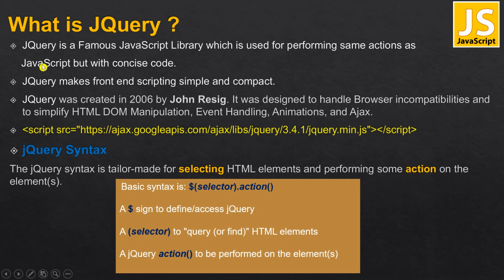But the only difference between core JavaScript and the jQuery library is that jQuery will do it with less code, very concise. The code of jQuery is very concise when it comes to front end web programming.